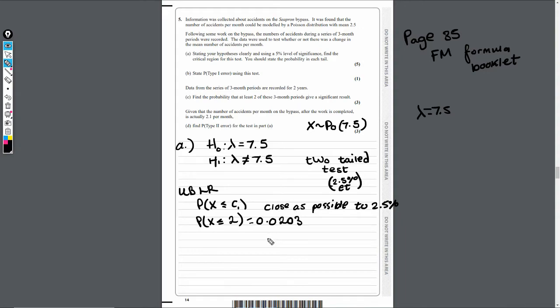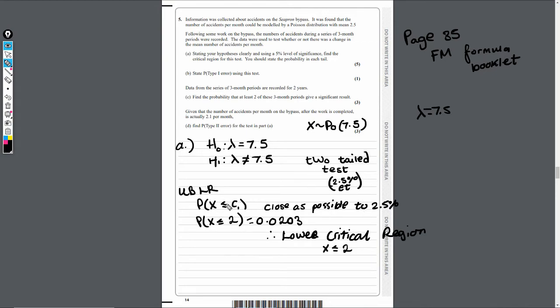Therefore my lower critical region is X less than or equal to 2.